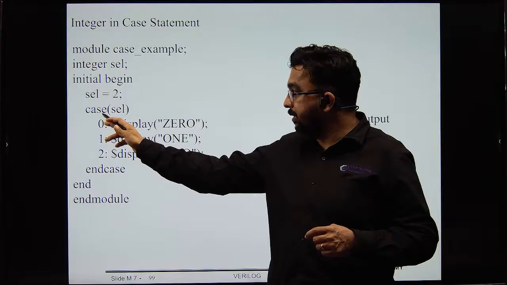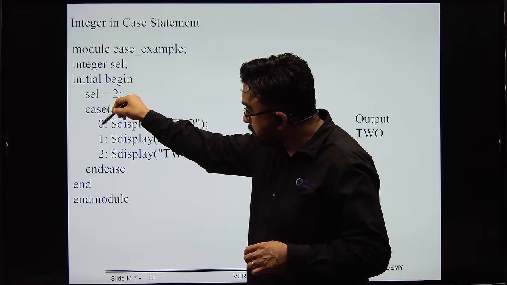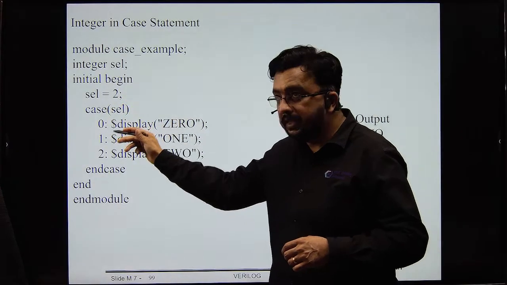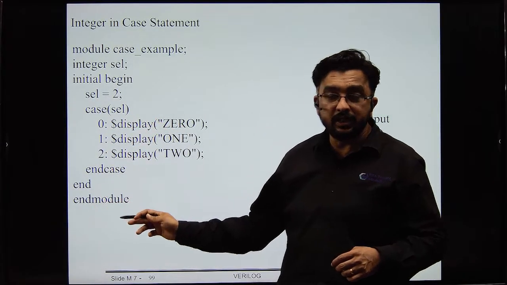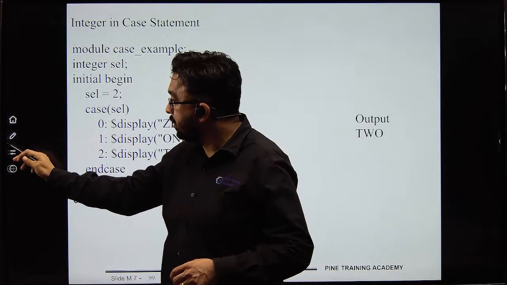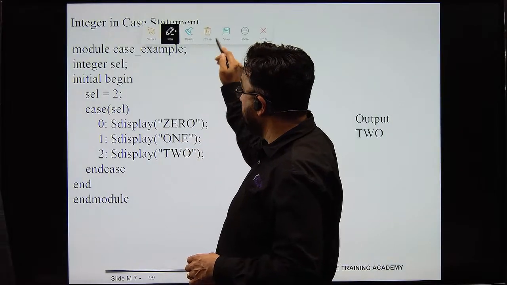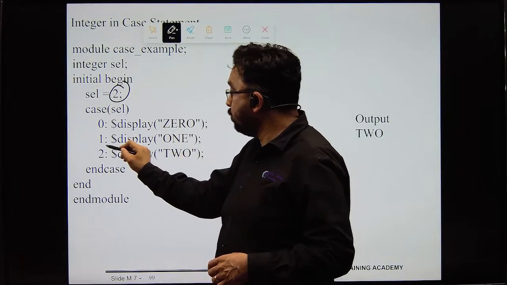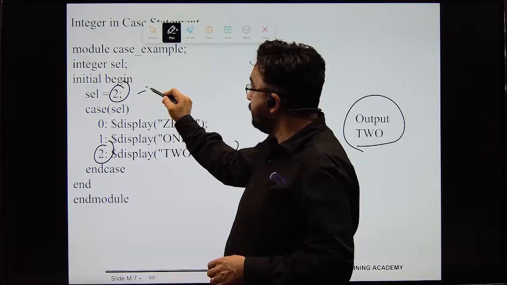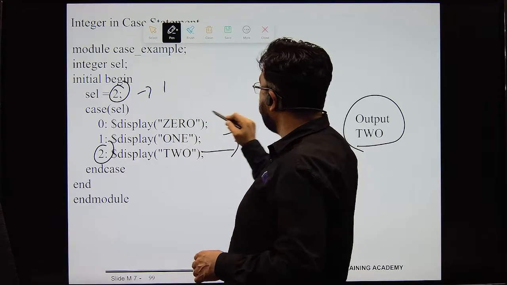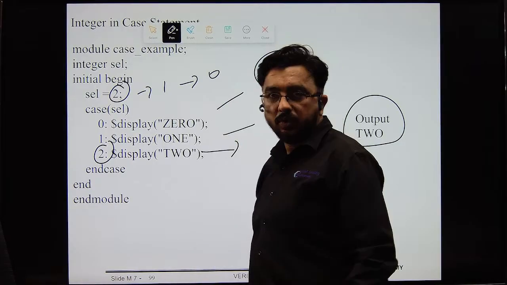This select represents the list of the condition, 0, 1 and 2. I have mentioned 2, that means at number 2, this is my output. If I had written 1, then my output would be 1. If I had written 0, then my output would be 0.